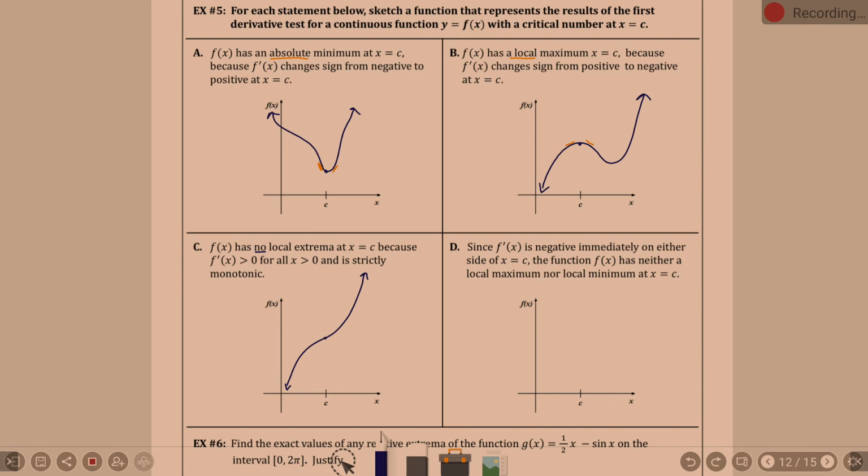My entire graph is increasing, yes? And that's what matters. On both sides of the point c, is my derivative positive? It is, because I have an increasing line there. Okay.